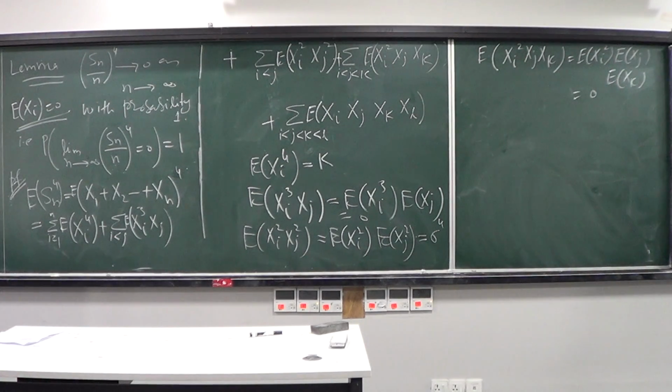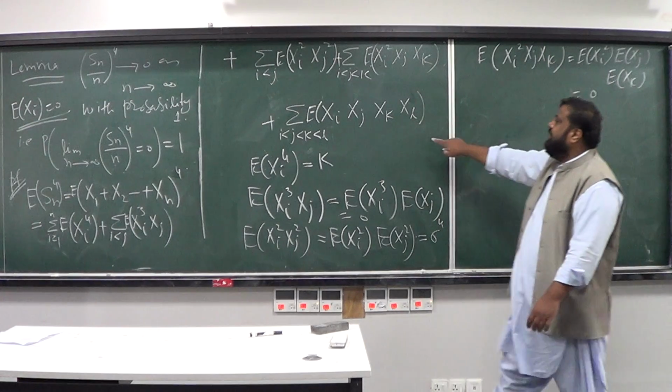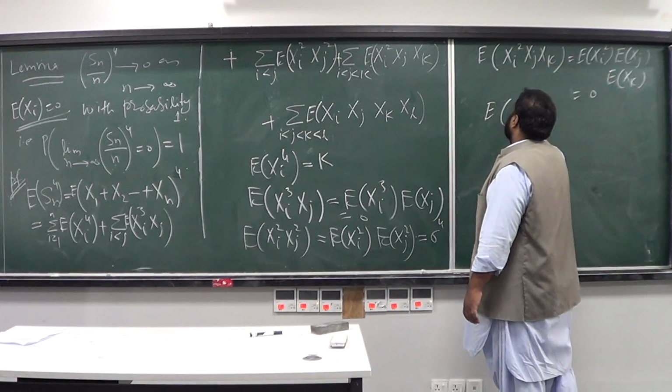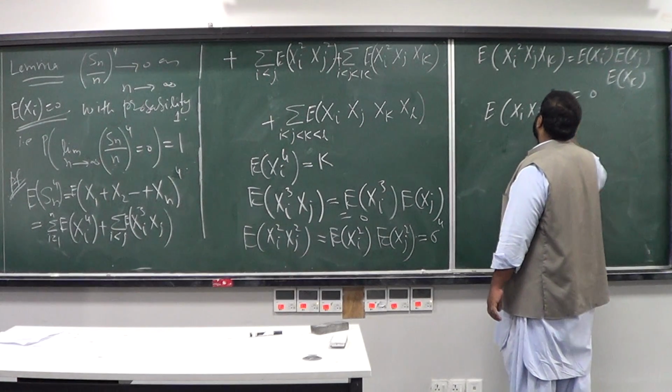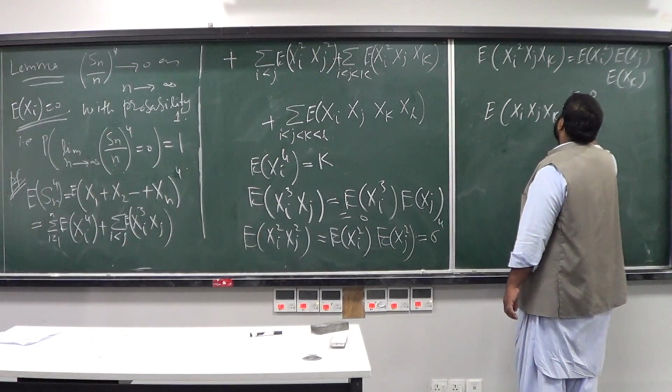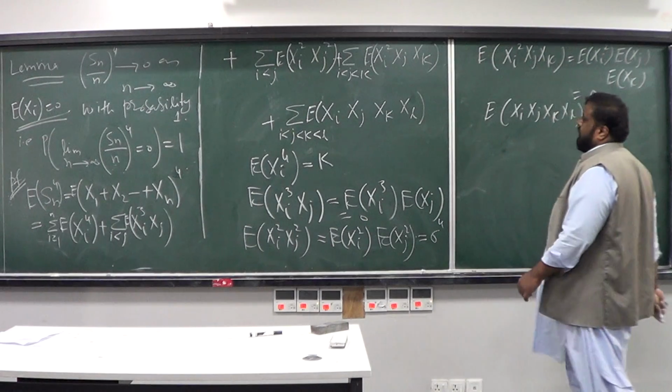How about this? For the same reason, the expectation of xi, xj, xk, xl would also be 0.